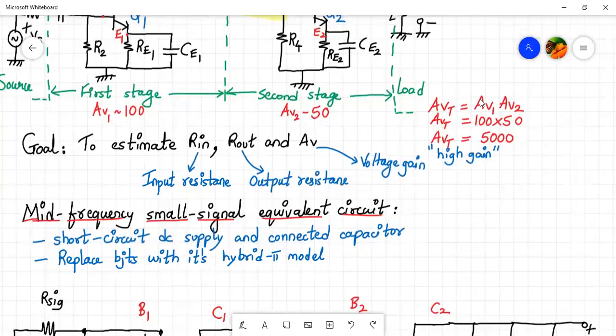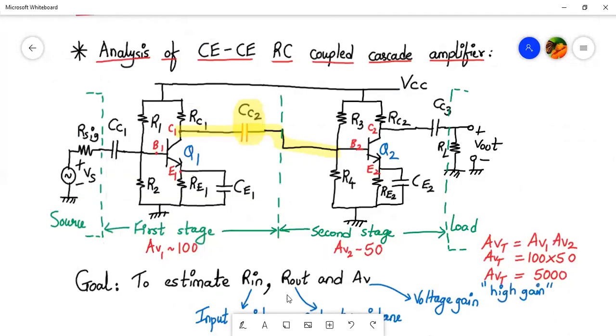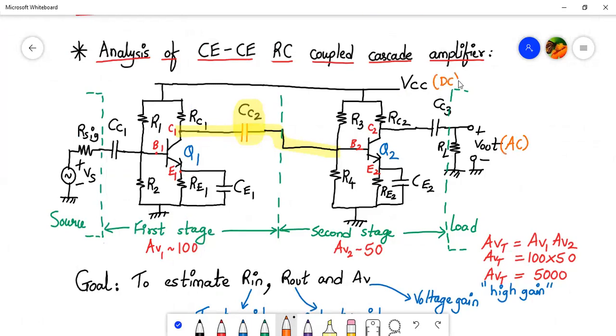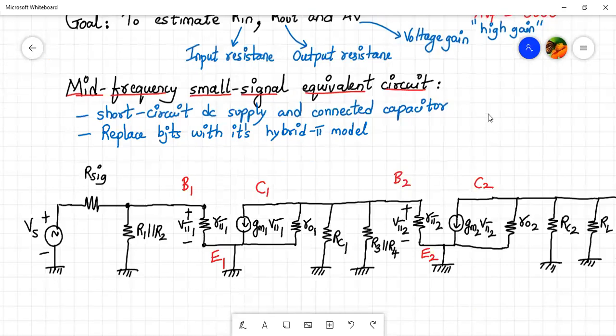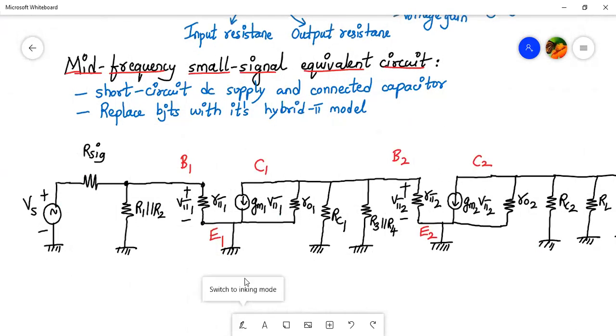Now let me mark where the AC voltages are in the circuit. This output contains an AC component. This VCC is DC, and this VS is again a small signal AC component. In the mid frequency small signal equivalent circuit, it represents only AC quantities, small signal time varying quantities.